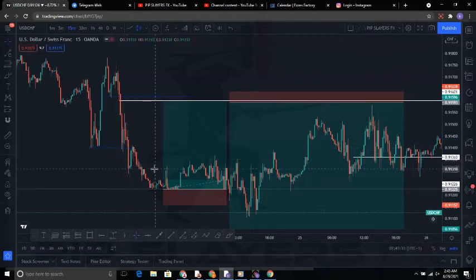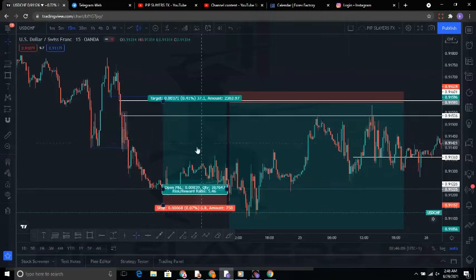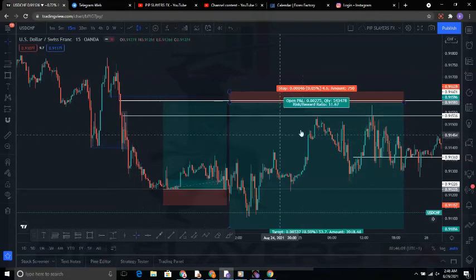Looking at this, we have what I would call a bearish order block. It is basically the last up candle before the down move. So from this order block, there was a reaction. I'm just giving post analysis.